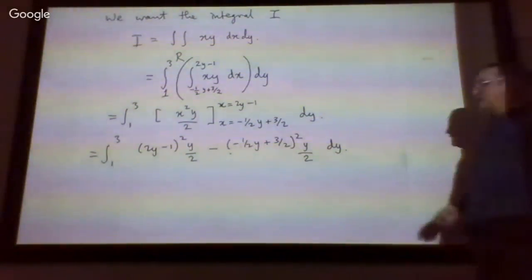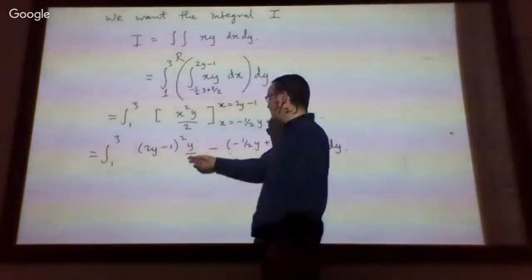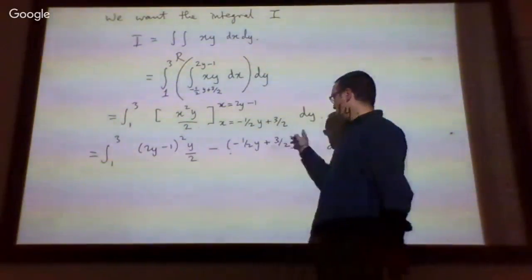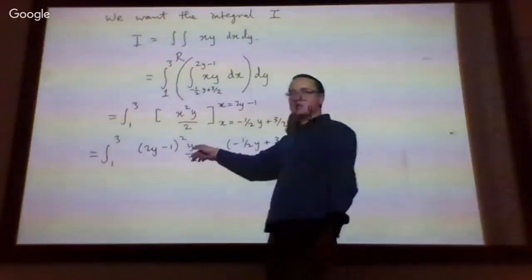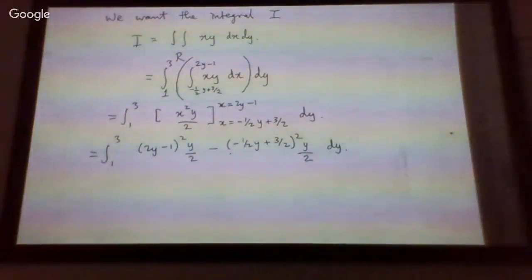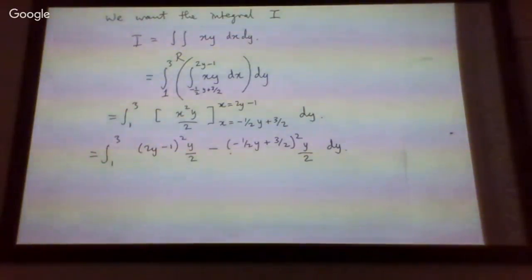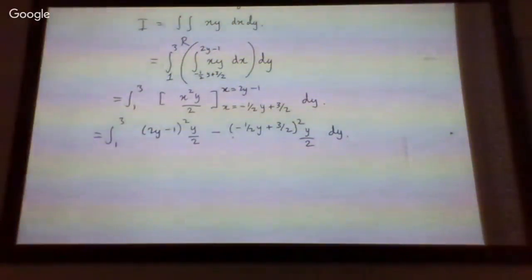Okay, that looks a bit messy and all over the place, but it is, after all, just, well, the brackets give you quadratics in y, and you multiply them again by y. So you've just got a cubic polynomial in y there. I thought I'd worked it out already, but I haven't.